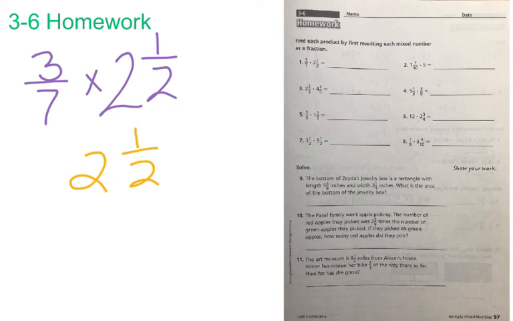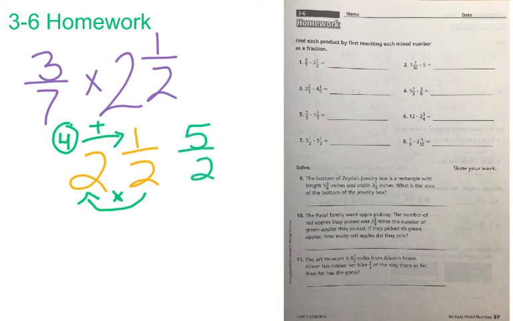What you do is you take the denominator and multiply it by the whole number, and then you add your answer to the numerator. So 2 times 2 is equal to 4, and then you add the numerator to it. So 5. So then what you're left with is 5/2.